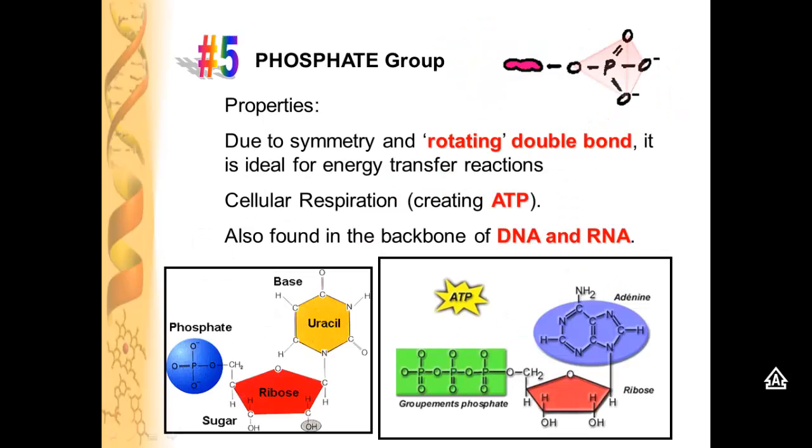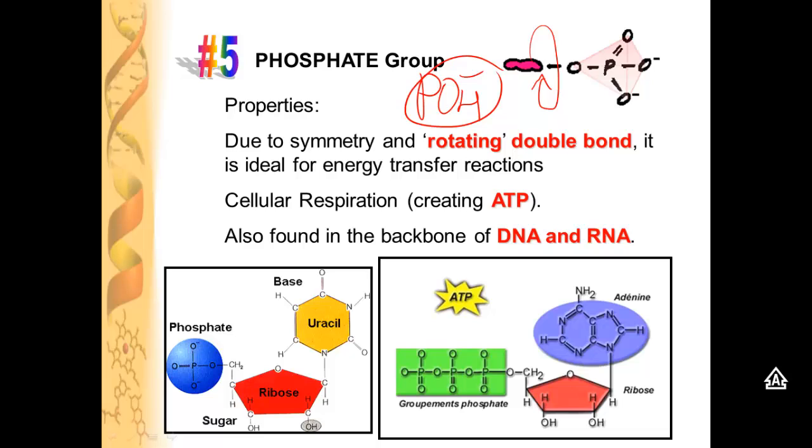And lastly, and probably the most important group we'll talk about this year, is the phosphate group. The phosphate group is a phosphorus joined with 4 oxygens. PO4 negative. That's a phosphate group. And the phosphate group is special because it can rotate.